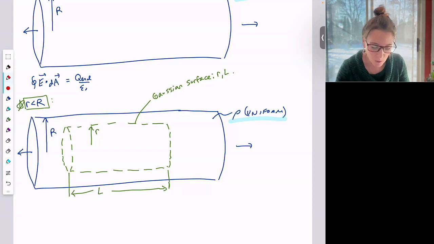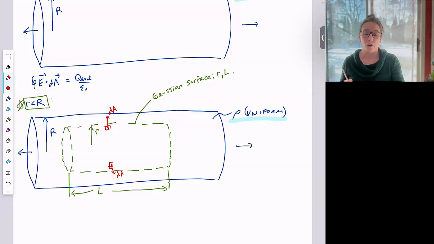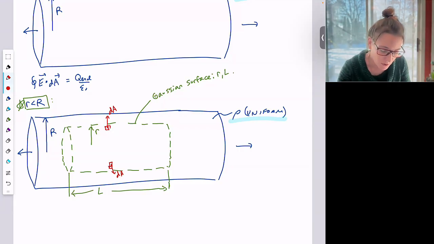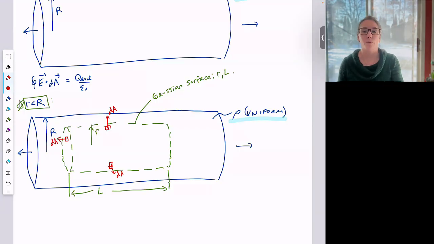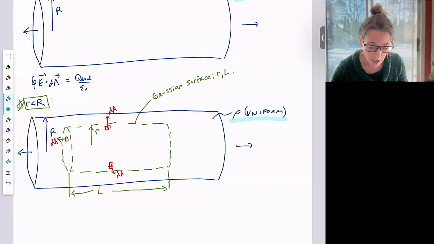Let's look at, and this is similar to one of the problems we did when we talked about flux, the dA at each part of this surface. On the curved surface, the dA at any given point comes out perpendicular from that surface, and on the end cap my dA might look something like this. Then I want to visualize my electric field.